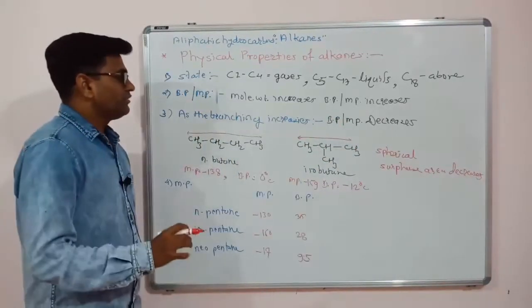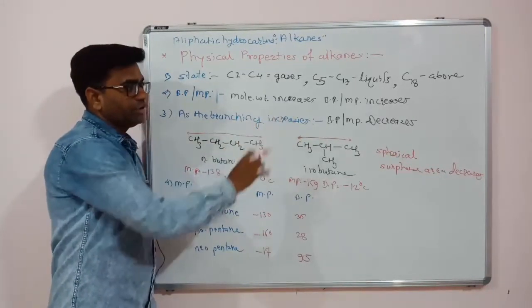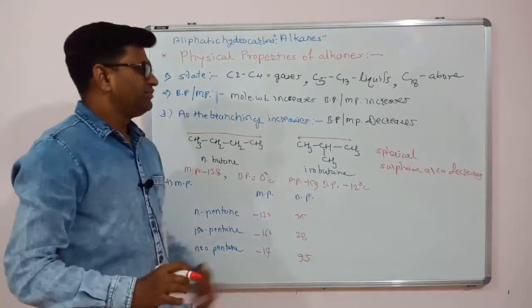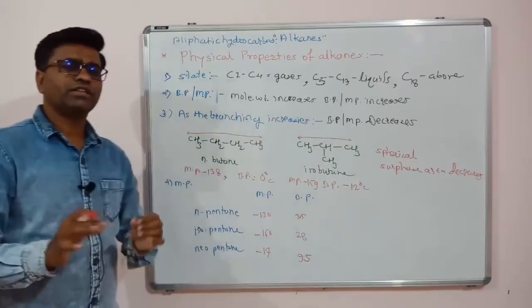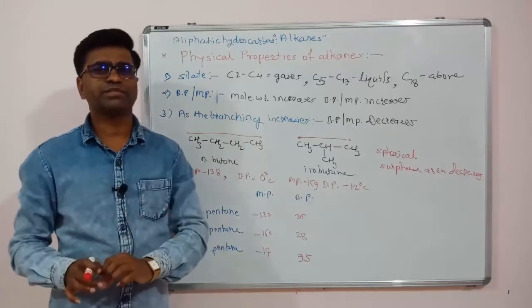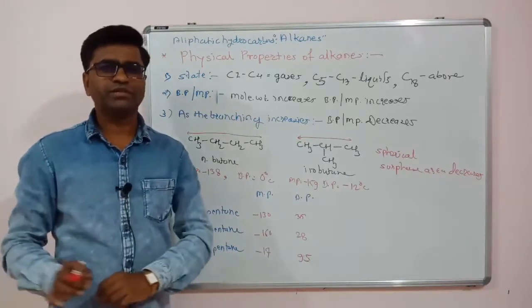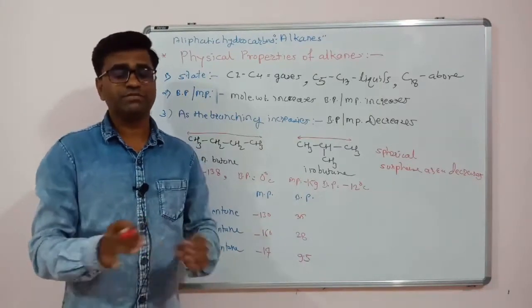Friends, just now we saw that as the branching increases, their melting point and boiling point decrease. This is valid mostly for boiling points. Melting points do not generally show this type of character because there are some exceptions. Melting point depends not only upon the size of the molecule, but also upon the shape of the molecule.